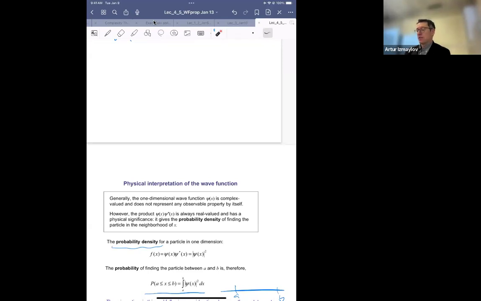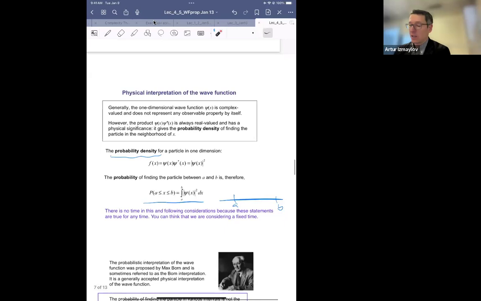All right, and here let's talk about the physical interpretation of the wave function. If somebody solved this problem for us, what do we gain by knowing what the wave function is? And here we will discuss the probability density. I guess we start today and we will continue next time, right?